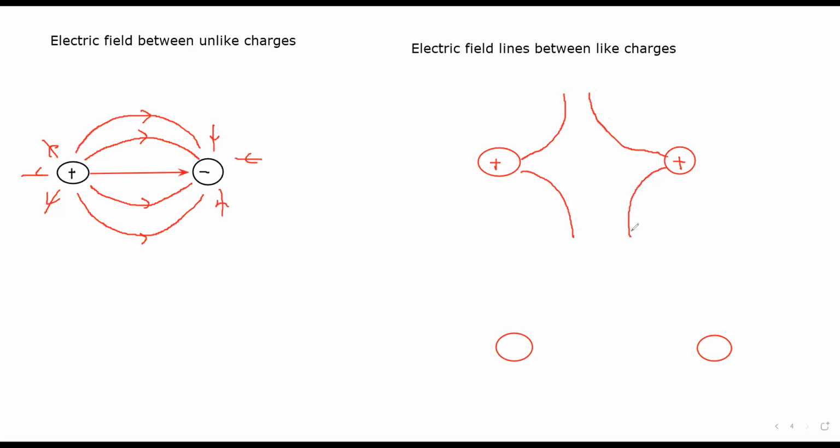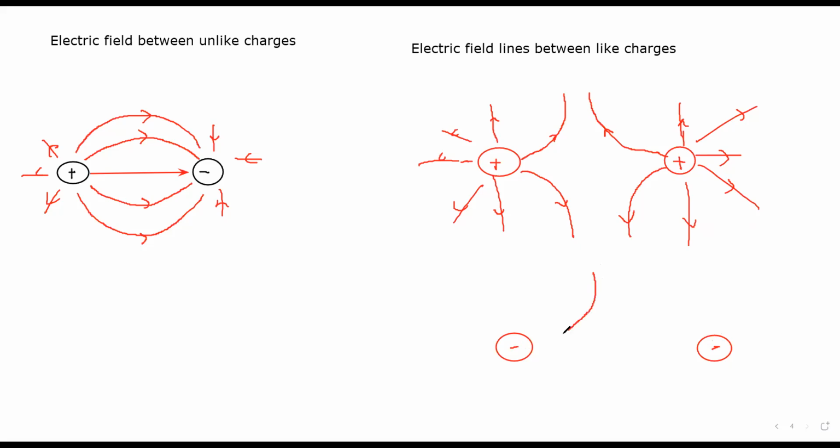Why are there no field lines? Because there is no electric field. They cancel out the effect of each other, so there is no electric field. That is why I did not draw any field lines. And because both are positive charges, the arrow should point outwards. If I want to draw for two negative charges, they will also repel each other, but the only difference here is the arrow.